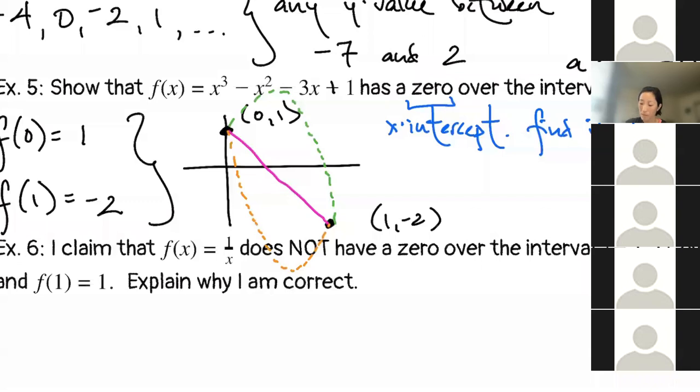Okay. But what is one thing that the pink one, the orange one, and the green one all have in common? Because I would say even though they're different shapes, there's one thing that they all have in common. Okay, so there are infinitely many y values, but a set amount of x values.